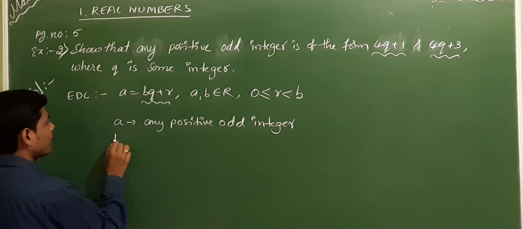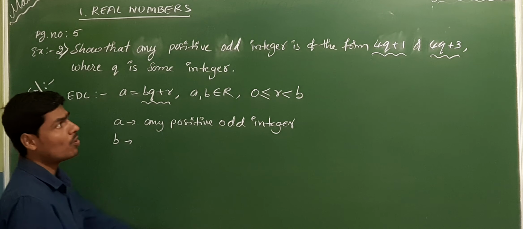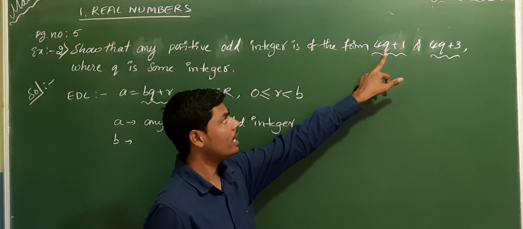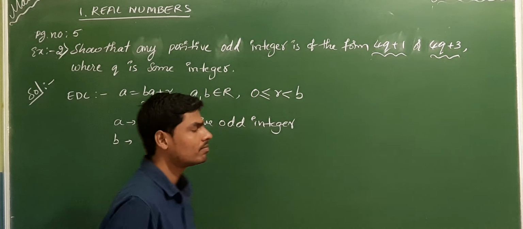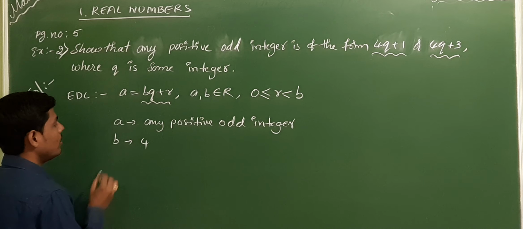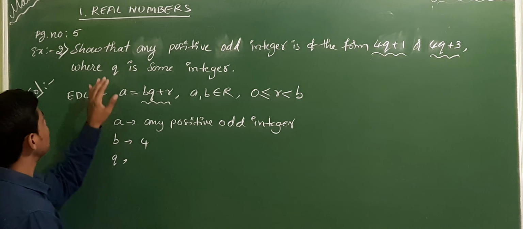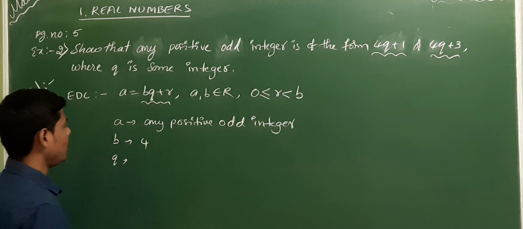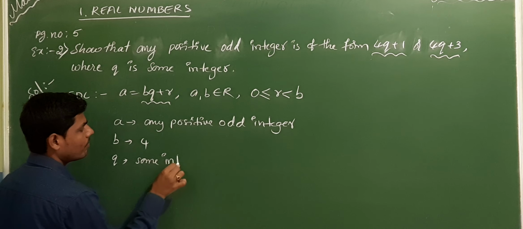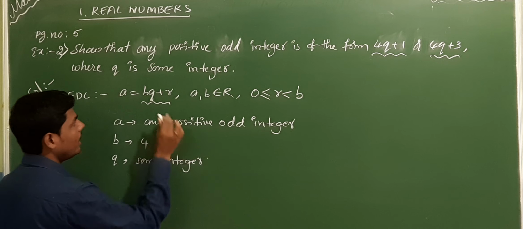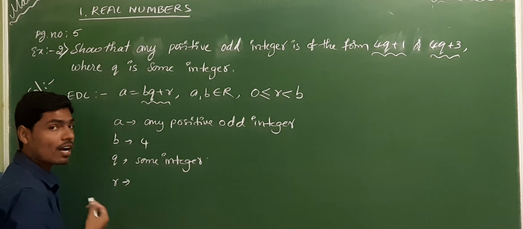Next, B. Compare with the forms. What is B? Here, the divisor is 4. Now, Q is some integer, any integer. Next, R. What is R?